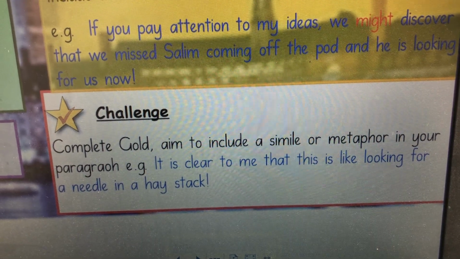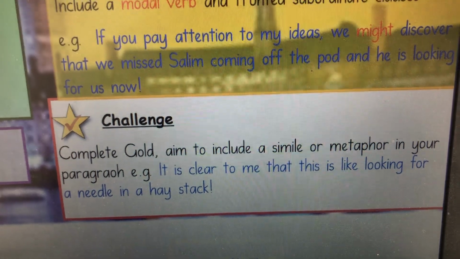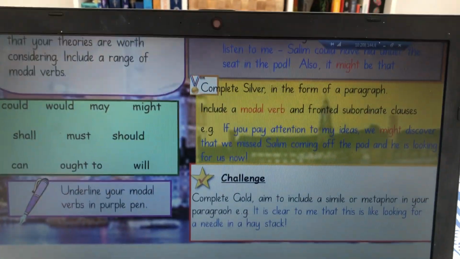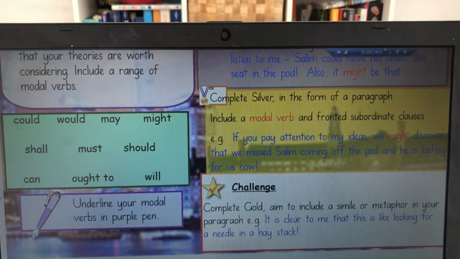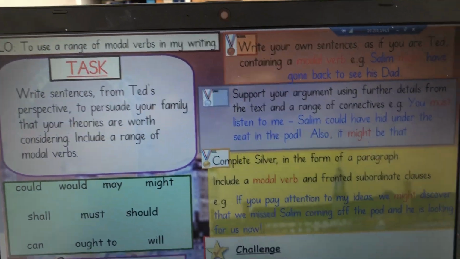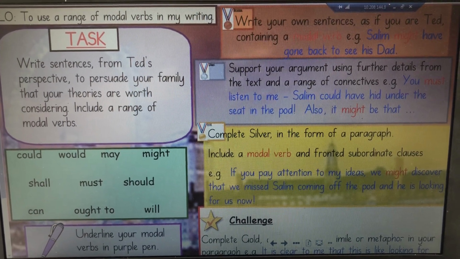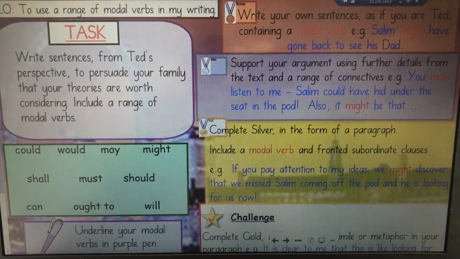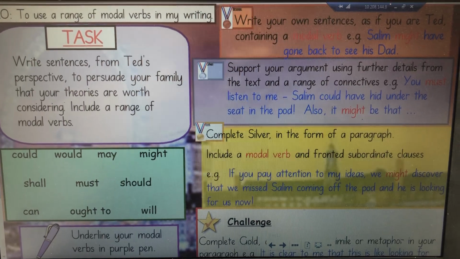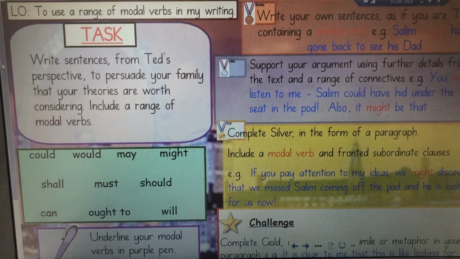It is clear to me that this is like looking for a needle in a haystack. Okay, so you can pause the video now, and I would spend 20 minutes having a go at constructing some sentences using the London Eye Mystery as your inspiration for some fantastic writing using modal verbs. Enjoy!